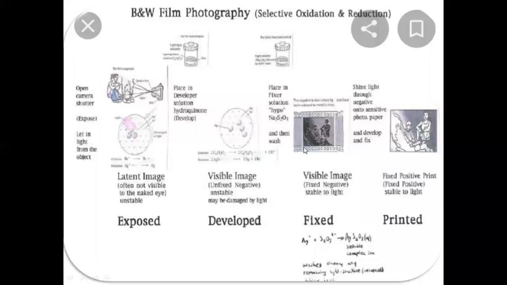That black and white image, our visible image, is then dipped in a fixer solution. Mostly sodium thiosulfate is used for this purpose, and after fixing, a print of that picture is taken. That is the required picture. So this is redox photography, in which oxidation and reduction reactions are involved.